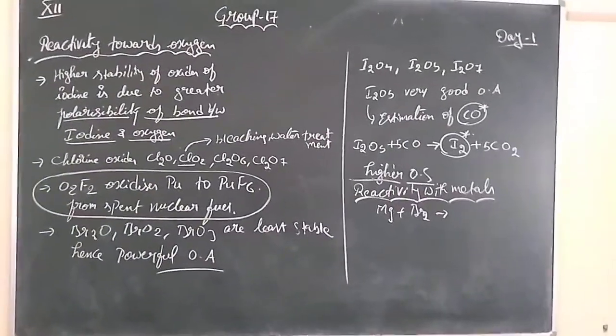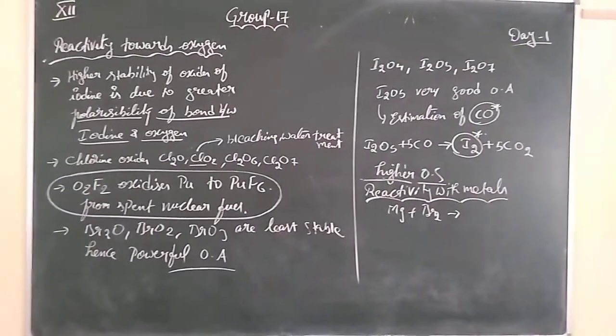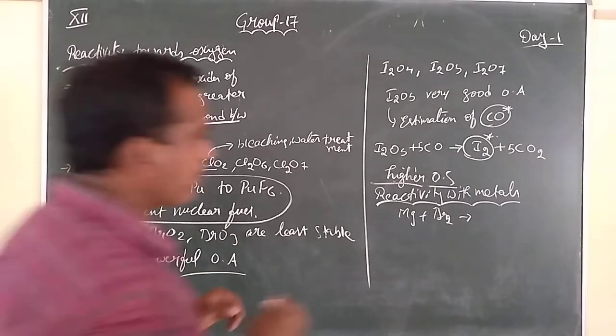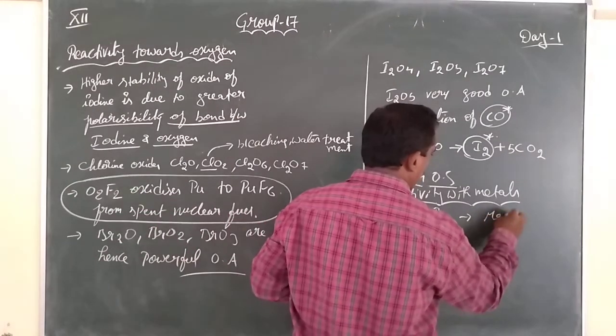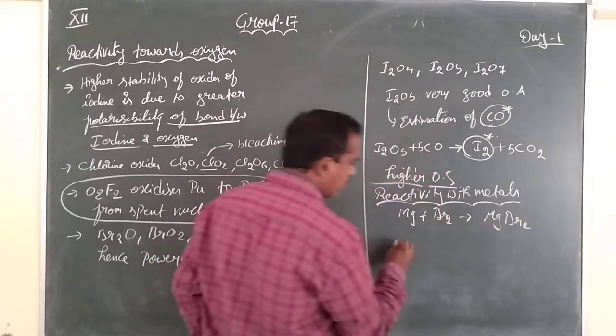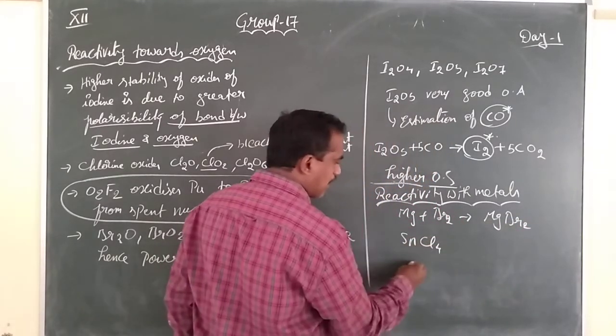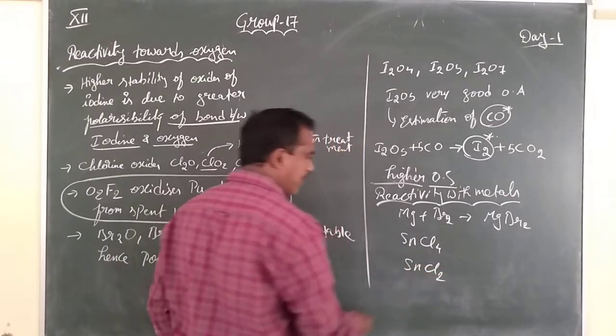One minute children, it went off. Let me rearrange. Yes, magnesium combines with bromine to form magnesium bromide. Similarly, many metals will form halides. Tin will combine with chlorine to form tin tetrachloride, or tin dichloride.